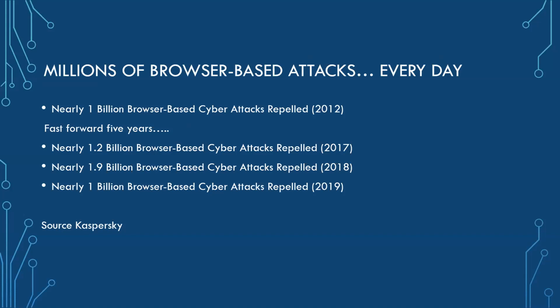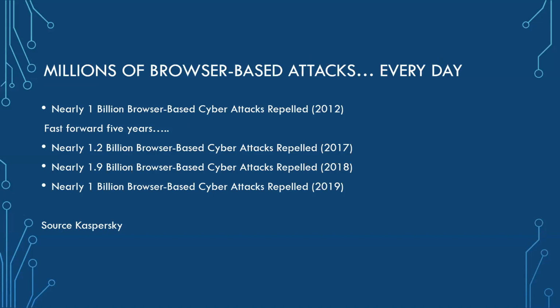Now to the statistics. What's a presentation without statistics? Right, so you have millions of browser-based attacks every day. Like, it is by the day. One of the most common attack vectors used by attackers or bad actors are web-based. And how do you access the web? Obviously through your browser.